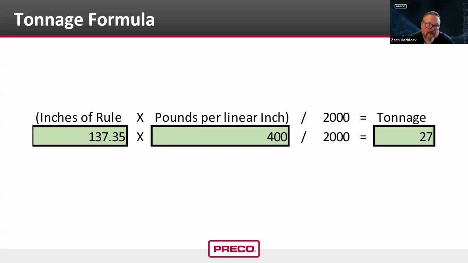It is very common, and nothing wrong with it, widely accepted, to do what I call the shoot from the hip. We are not always in a position to go out and do a brass tacks tonnage test. 400 to 500 pounds per linear inch is kind of that meaty part of the curve. It's kind of the mean of the average, or the mean of all the numbers.